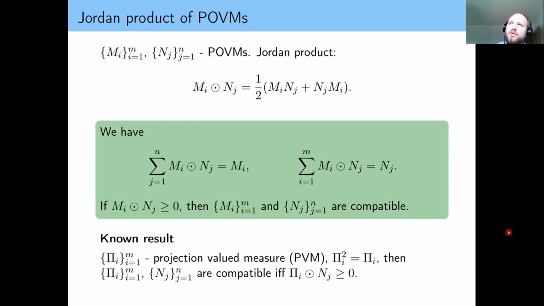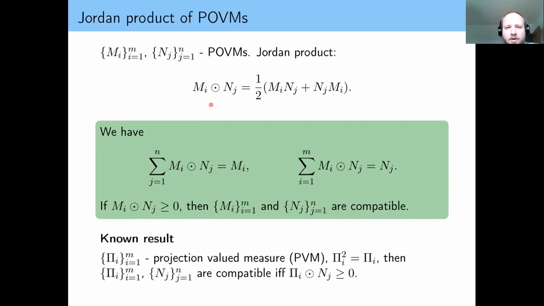Now, I would not say that the Jordan product is the best guess, but it is a guess that's worth trying, because if your POVMs are somehow reasonably noisy, it tends to often work, as we will also see later.